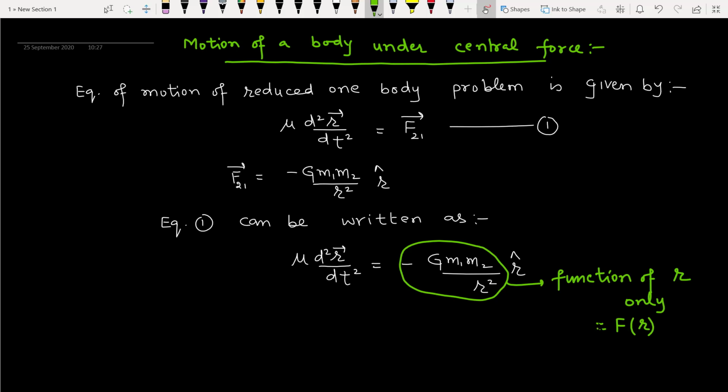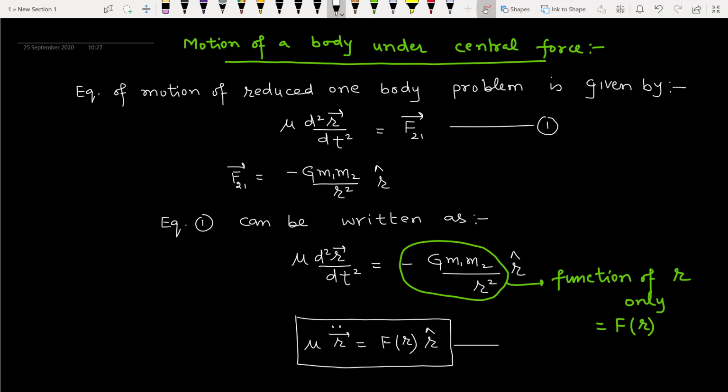So the equation will be modified to mu r vector double dot, meaning double derivative, is equal to Fr r cap. This is equation number 2.